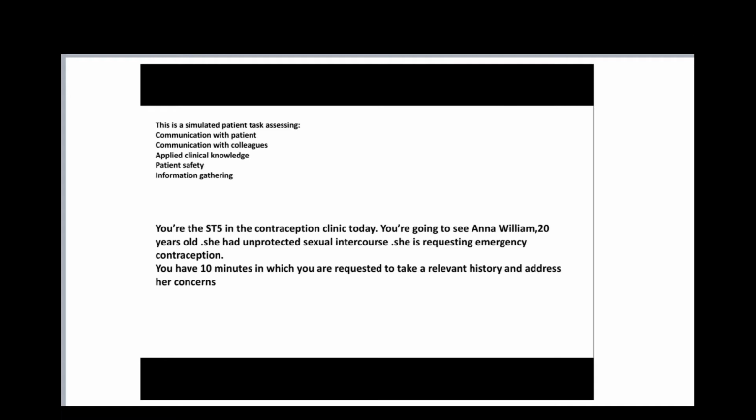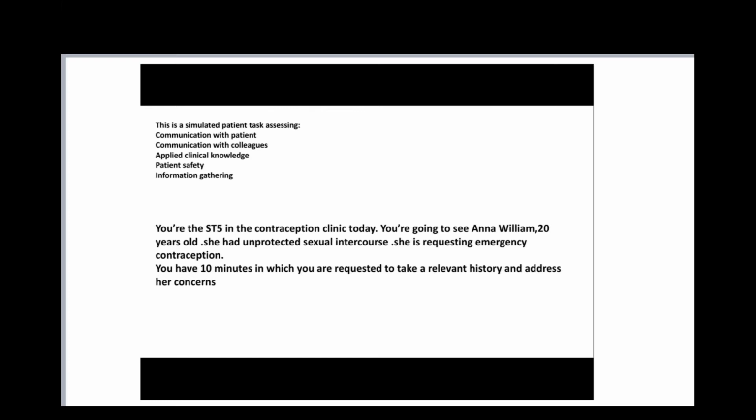One is called Livonnel, the other one is called Ellaone, and one coil which will be inserted inside your womb. I will tell you each option, what the advantages and disadvantages are, and the choice at the end will be yours. This is if the three options apply for her.